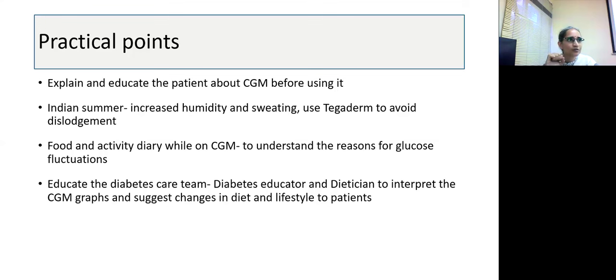Hence, we also tell them to keep a log of these things while using the CGM so that they'll be able to better understand the effect of various foodstuffs and the different types of activity on their glucose variability. And in addition, we need to have a strong team of diabetes educators and dietitians who are also able to understand these curves and advise the patients on a regular basis while they're using this technology.